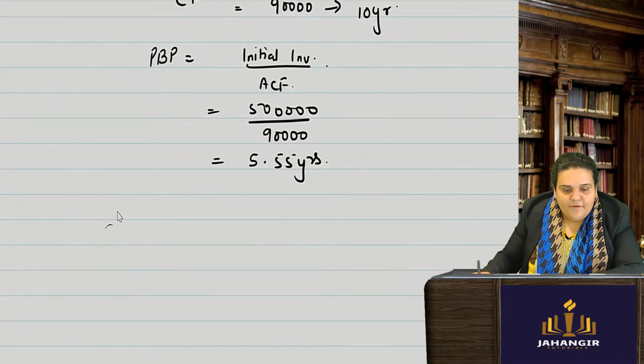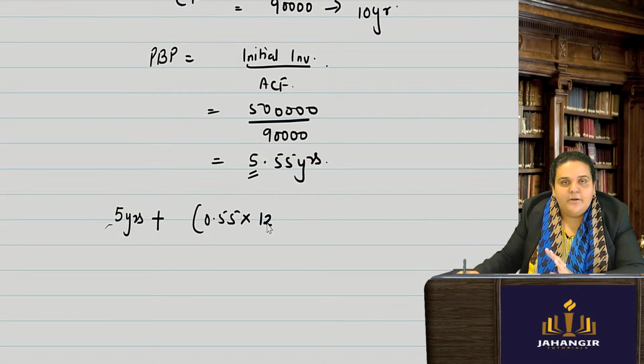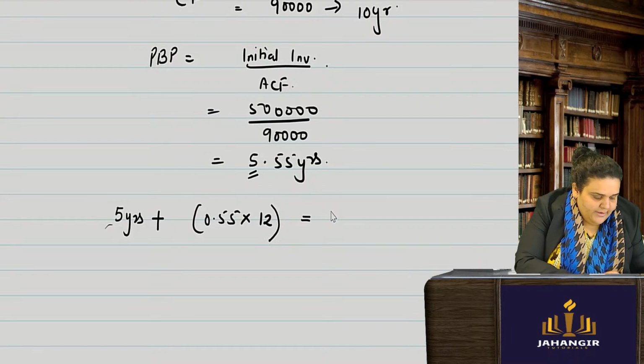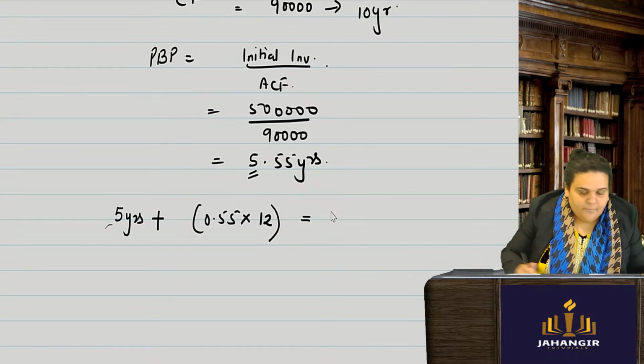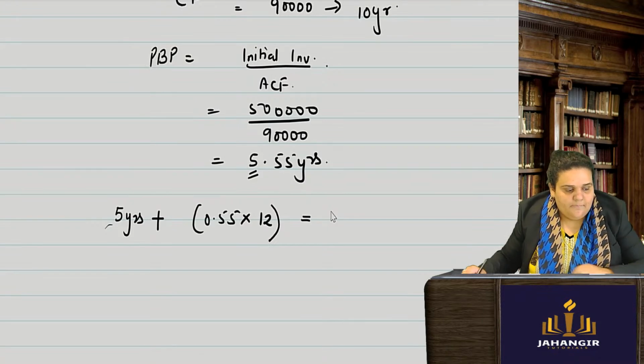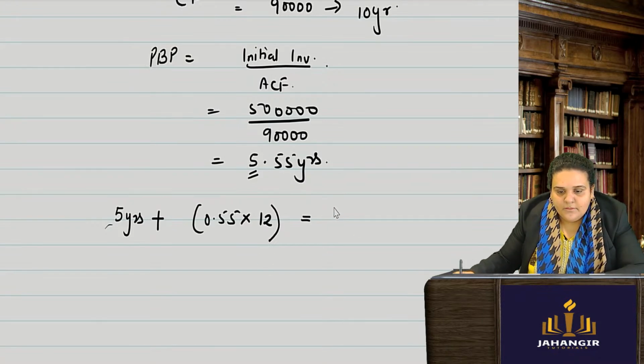So, 5 years plus 0.55, I will just multiply that by number of months, 12. 0.55 into 12 will be 6.6.